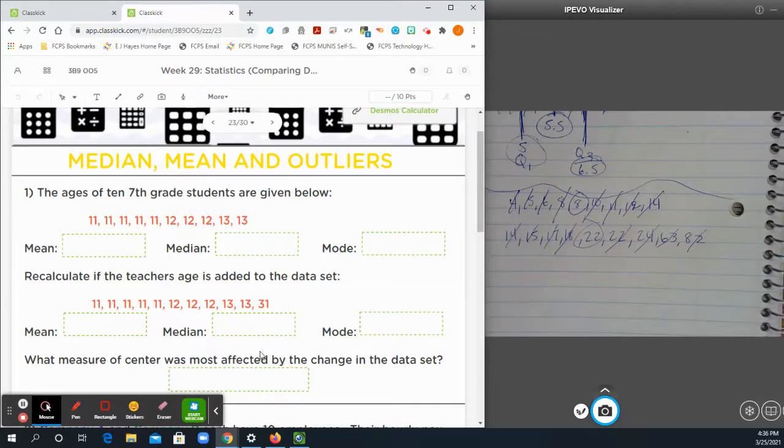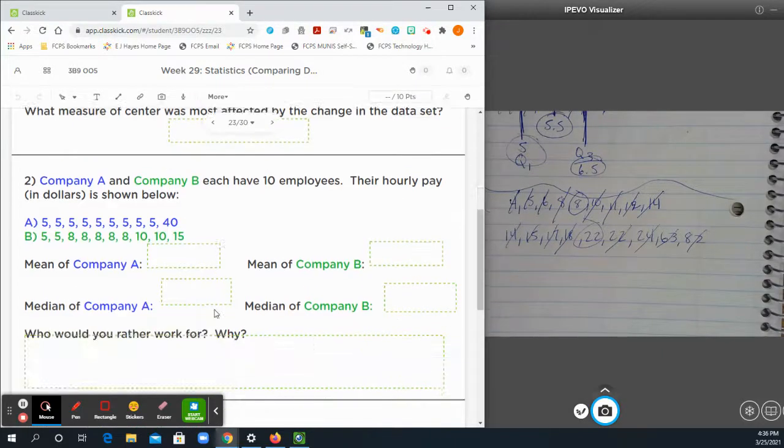It says, what measure of center is most affected? Well, if we think back, what do outliers mess up? Think about that. And then as you come down through here, you have means and medians, and it says, which one would you rather work for? That's not graded, but there is a right answer there. So give it your best shot. Make sure you put why.